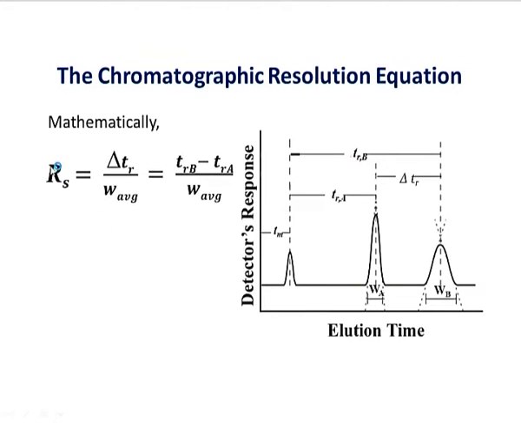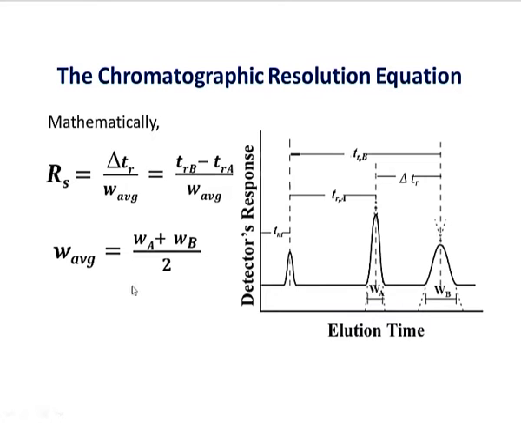Now, resolution would be equal to delta TR, which is the difference between the retention times of TRB and TRA, divided by W average. W is baseline width, we have already seen. So, this W average is the average of the baseline width of the 2 peaks in question, for which we are seeing resolution.